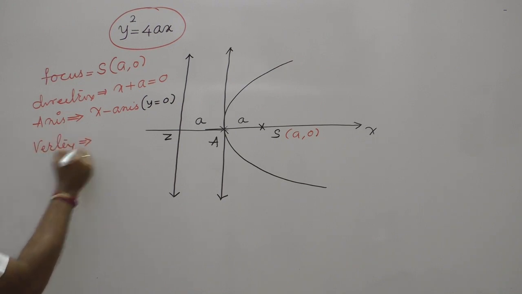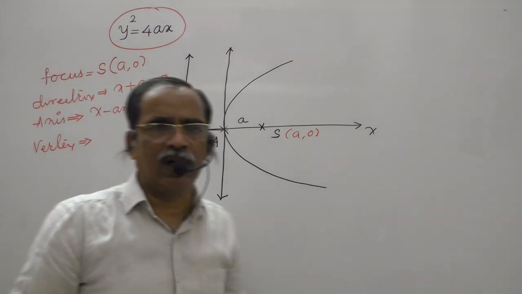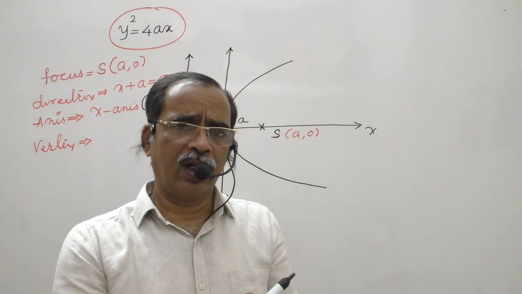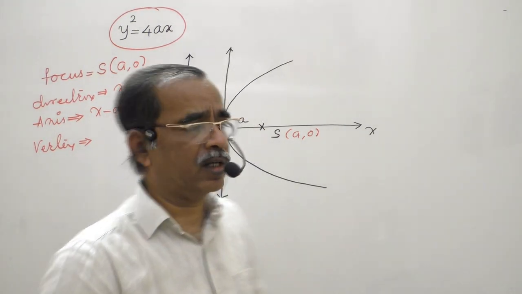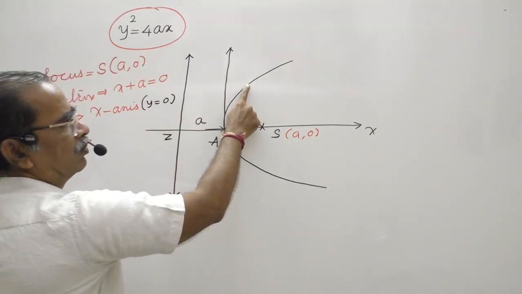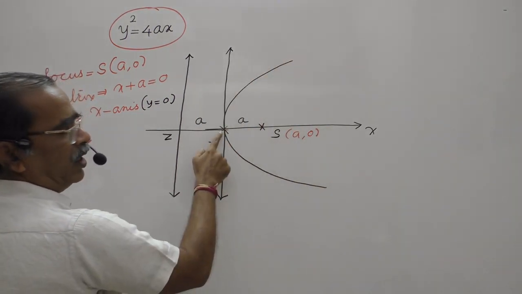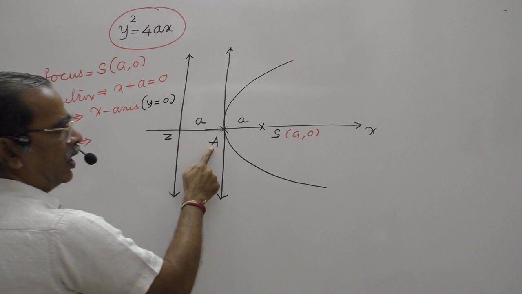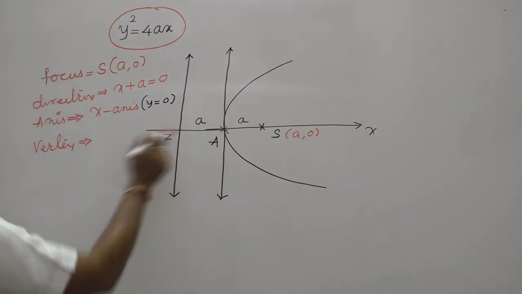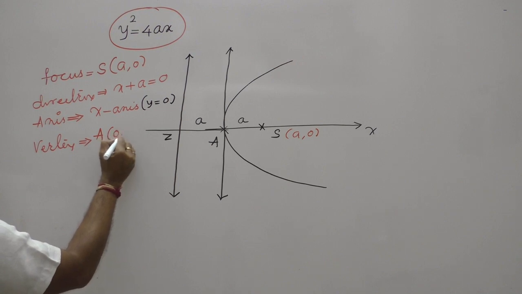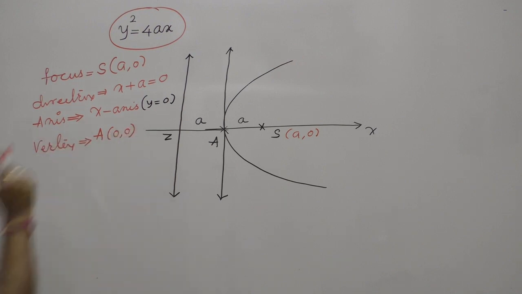Okay, this is the axis. Next we will see the vertex of this. We had a definition of vertex. What is the vertex definition? The point where the conic crosses the axis. Here this is the curve, this is the axis. Where is it crossing? Here, at the point A. That is known as the vertex. Therefore, the vertex is (0, 0).